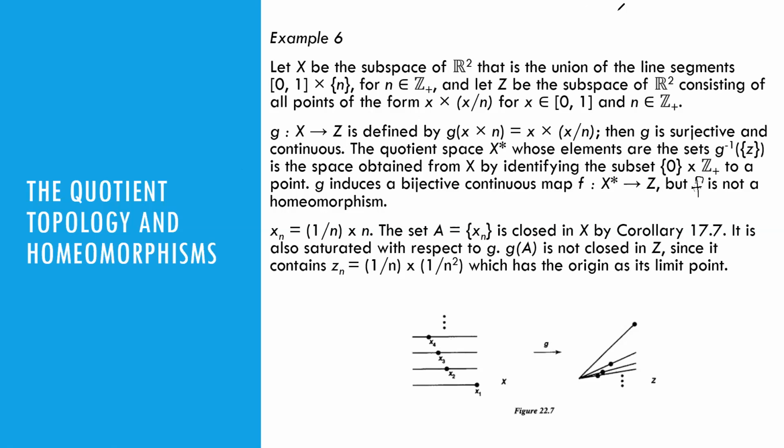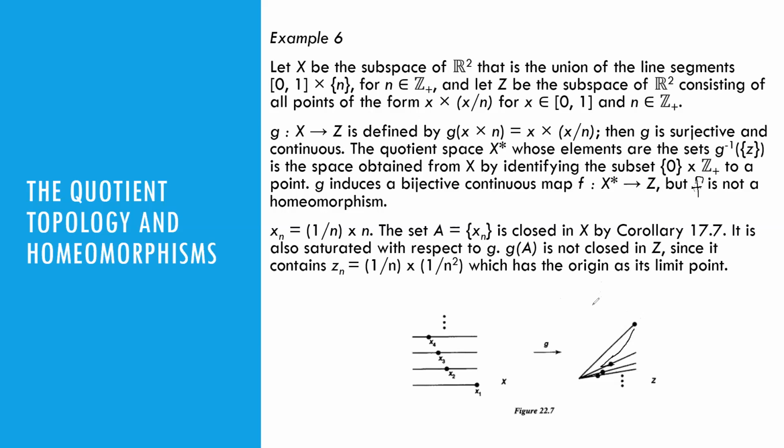And it is also saturated with respect to G. And G of A is not closed in Z, since it contains Zn, which equals 1 over n cross 1 over n squared. The sequence of points goes back to the origin, but it never reaches the origin, so the origin is its limit point.